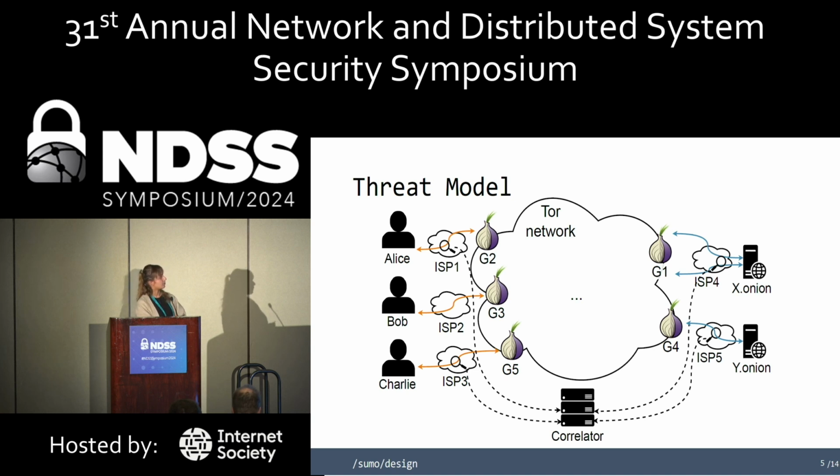In this case, the colluding ISPs are signaled by the little probe sign. For instance, in this scenario, the correlator might be able to find Alice's and X.onion's IP, and the same for Charlie and Y.onion. However, Bob would remain protected because ISP2 is not colluding.